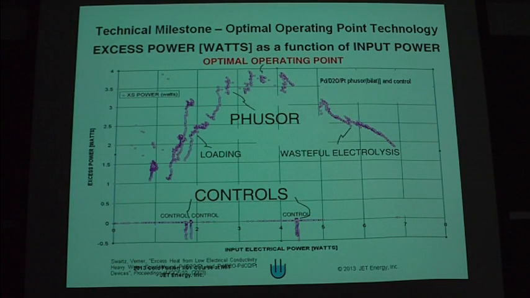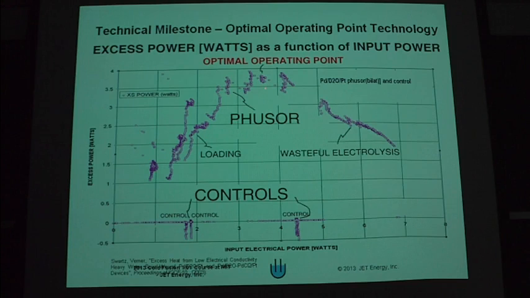Everything up here is excess energy, but not all excess energies are alike. It turns out if we drive over here, we're getting less. Over here, all of a sudden we hit a peak and then it comes down. We believe that the reason there are different regions here is we believe this is insufficient loading and drive.